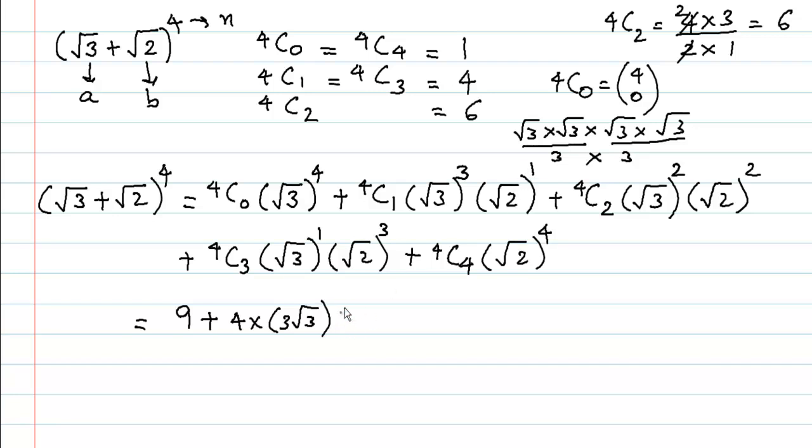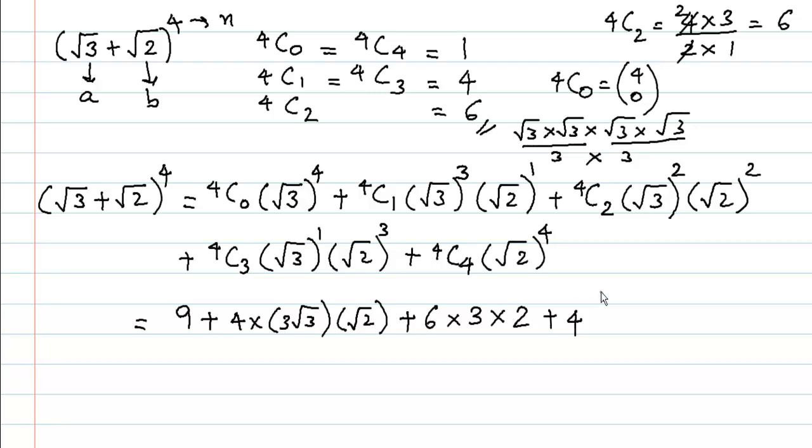Root 2 raised to 1 is simply root 2, plus 4c2, and 4c2 we know is 6, into root 3 square. Root 3 into root 3 is 3, into root 2 square. So root 2 into root 2 is also 2, plus 4c3. 4c3 is again 4, so the coefficients will repeat.